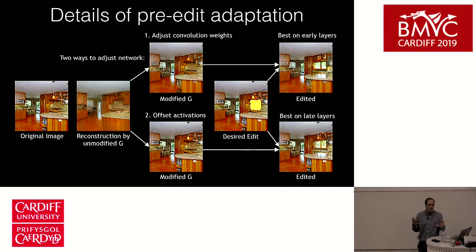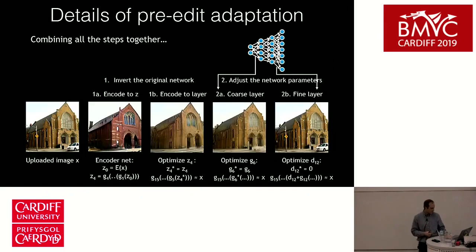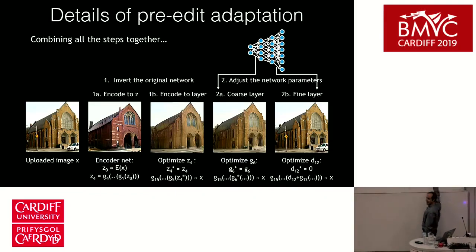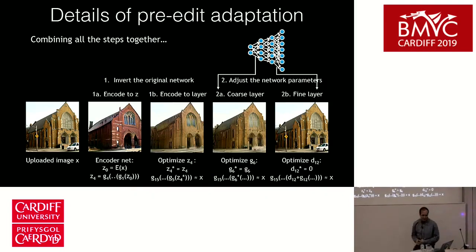And in fact, the best method, according to Amazon Mechanical Turk workers, is when you mix both methods. So you both modify the activations and the coefficients of the convolutions. That's what worked the best for them. So this is just a summary of what was the best: optimizing the coefficients of the coarse layers, and the activations of the fine layers.